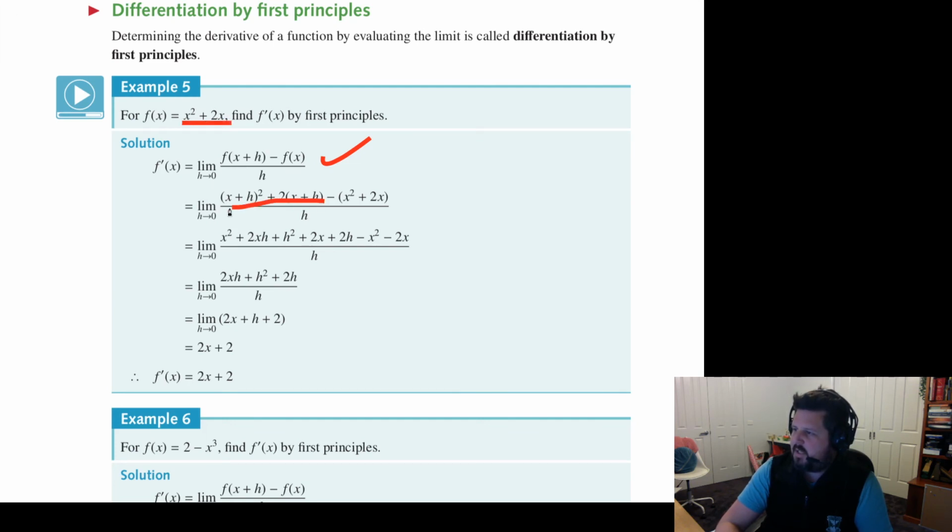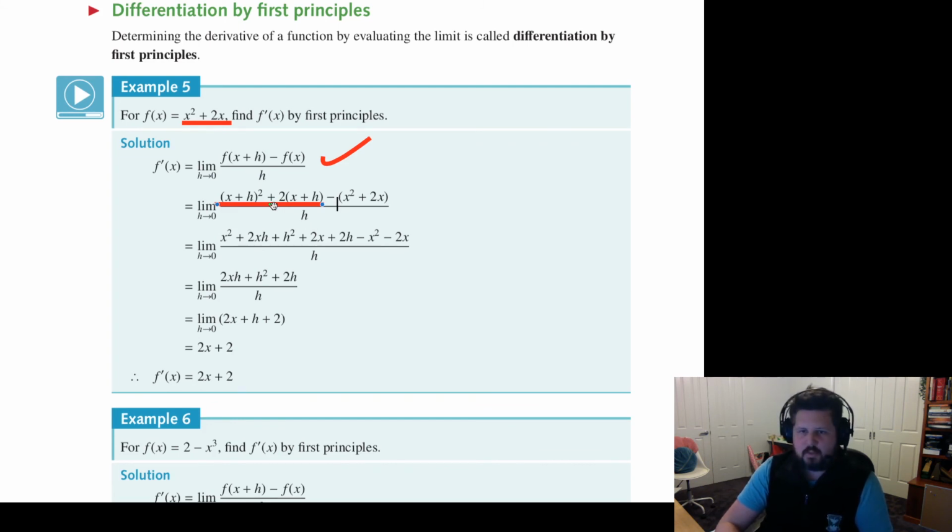This part is where they've written out the function, but added h to the x value. We put in the negative sign, and then write out the original function, which was x squared plus 2x. From first principles, it is then divided by h, which we've done down the bottom here.